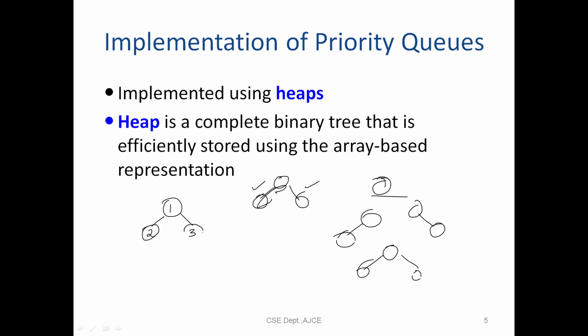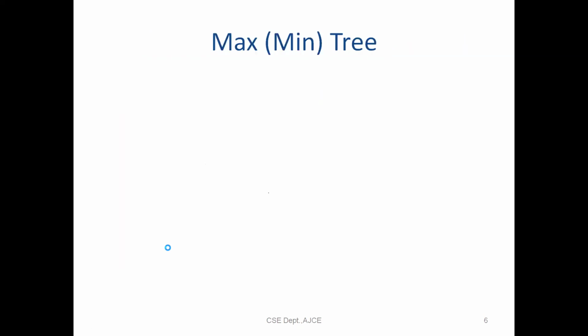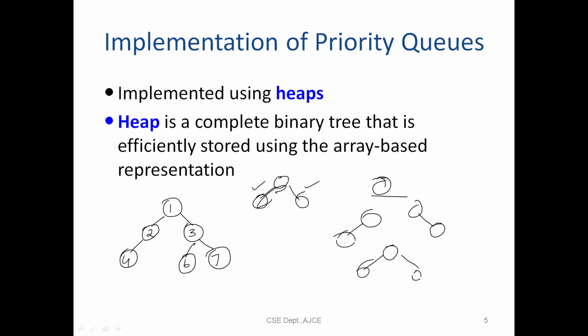This way, when a new node is inserted, you keep on filling the parent, the left, the right, then the next parent's left and right, and so on. You cannot leave a space here and then fill the fifth one here. That is not possible. Leaving a space here will not make it a complete binary tree. A complete binary tree should go in this manner. It should be complete in every sense.